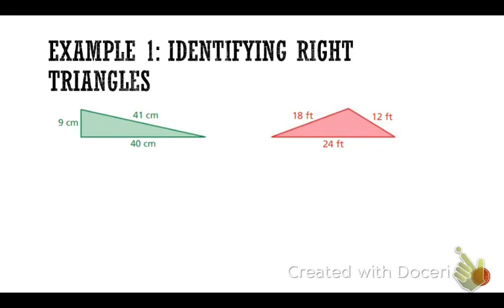You're going to see this in two different formats. Sometimes you would see it in a picture, like we see here: 9 centimeters, 40, and 41 centimeters. On these problems, we will not have a box showing the right angle, because the box would give it away, wouldn't it?